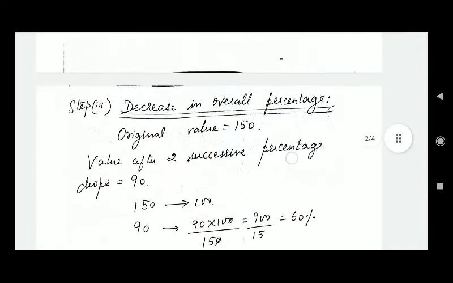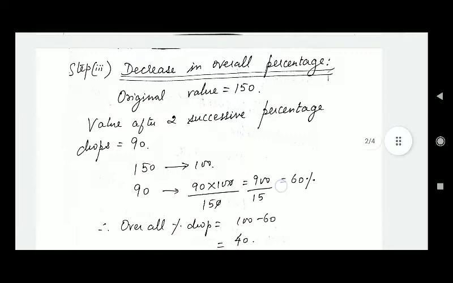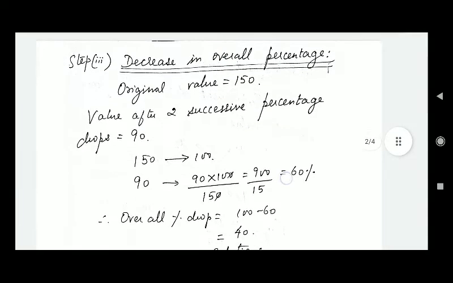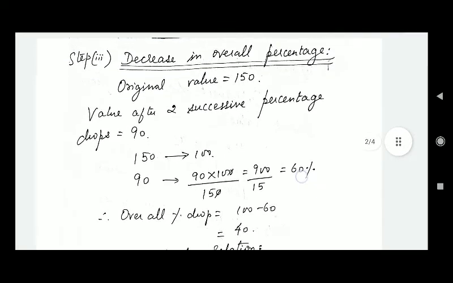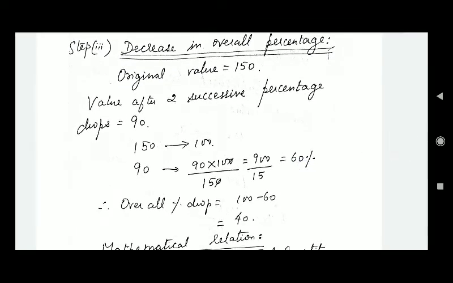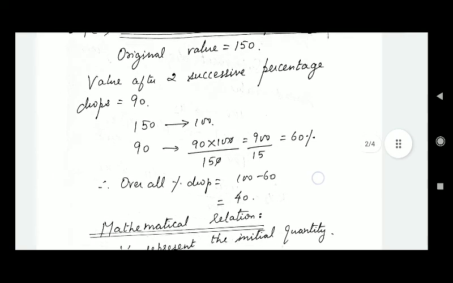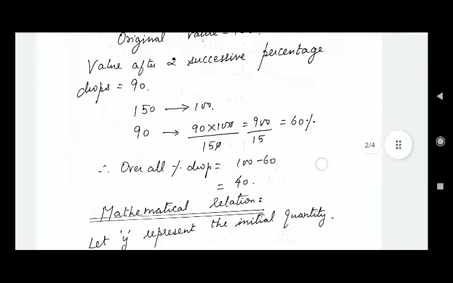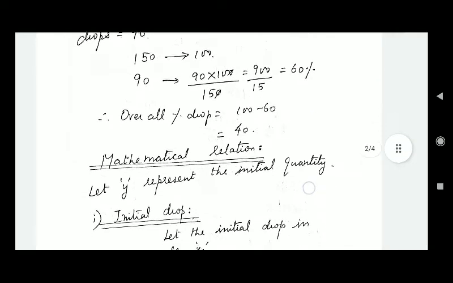Step 3. Now let us try to find the overall percentage drop. We very well know that the initial value is 150 and we know that the successive percentage drops lead us to the value of 90. So if 150 is given a yardstick of 100, 90 will be found equivalent to 60. So the overall percentage drop will be 100 minus 60, which is 40.